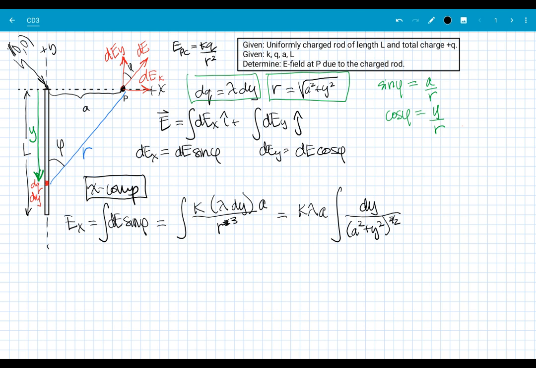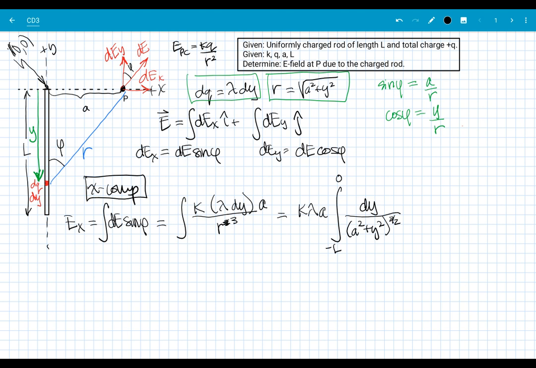So r is under a root, remember? If I cube that, I get the 3/2 power. And the bounds of this integral, remember, we always go low to high here. Notice where I've put my origin and my positive y. So here I'm actually going to be integrating from negative L to 0. Okay, so that's my x component setup.